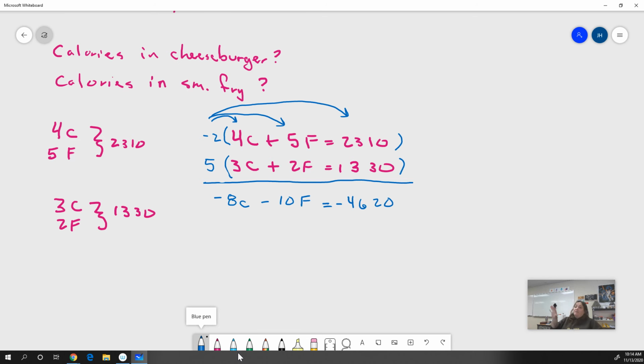So we've taken care of that -2 distribution. Now I have to do this one times 5. So 5 times 3C gives me 15C. 5 times 2F gives me +10F. 5 times 1330, 1330 times 5 equals 6650.